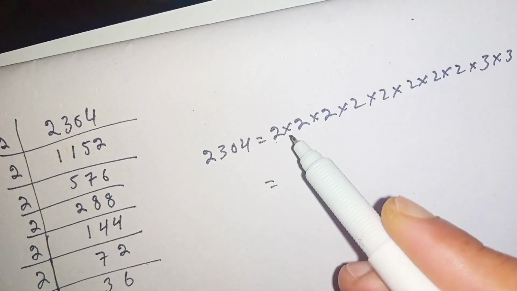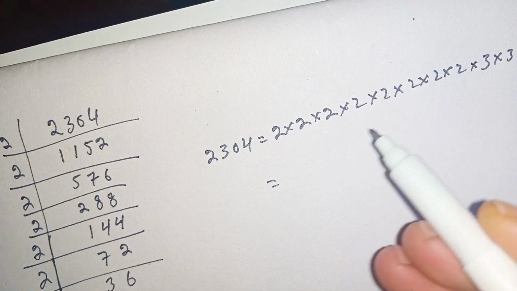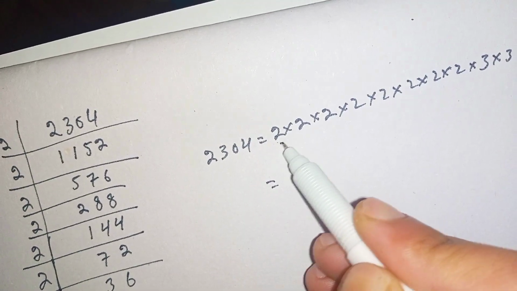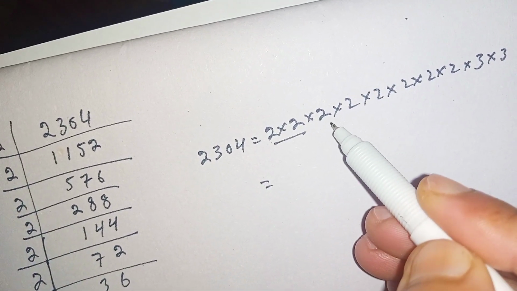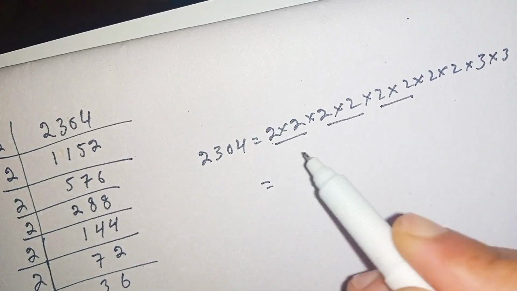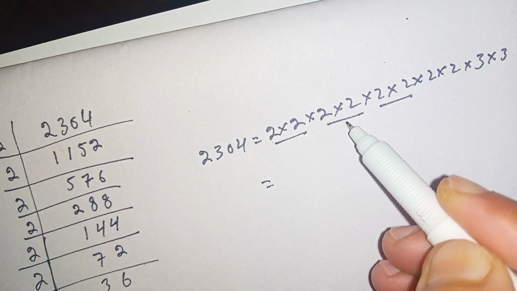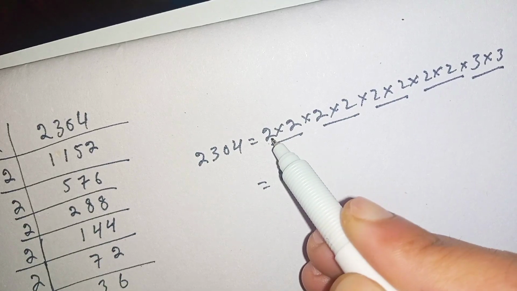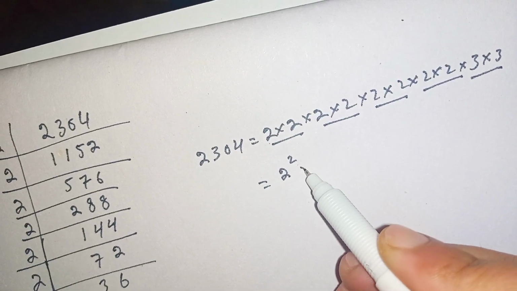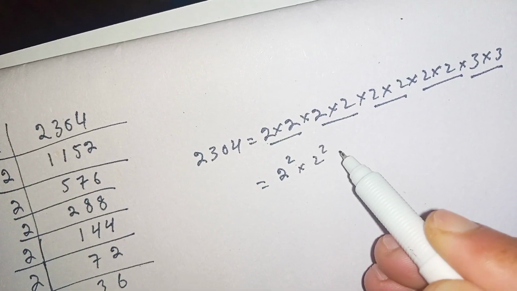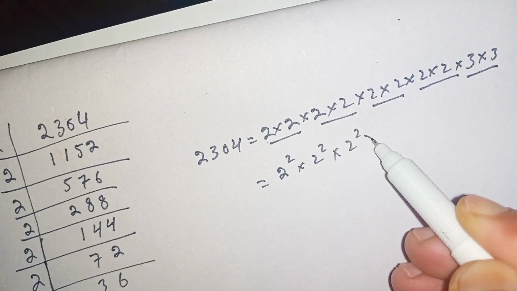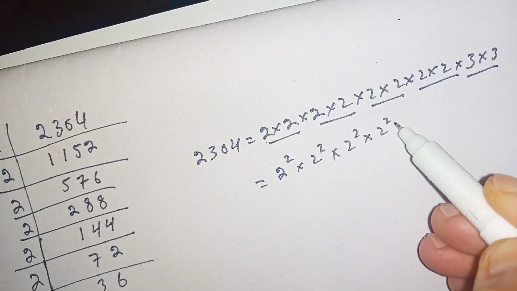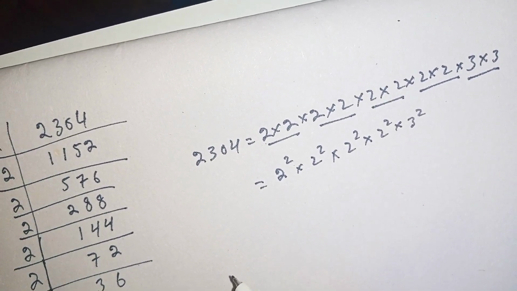Now we will make pairs of these prime factors. So this is the first pair, this is the second pair, this is the third pair, and this is the fourth pair. 2 multiplied by 2 is 2 square, so we get 2 square multiplied by 2 square multiplied by 2 square multiplied by 2 square and multiplied by 3 square, right?